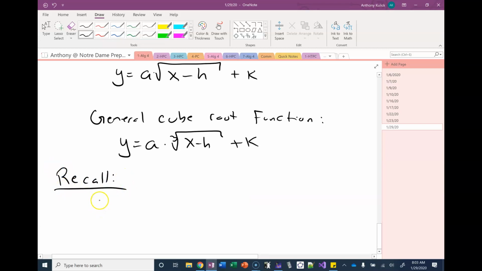So let's focus on the A first. So A does two things. What are the two types of transformations A are responsible for? So you have a reflection. So when those A's are negative, you have a reflection across the x-axis.